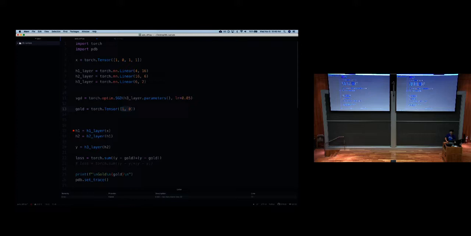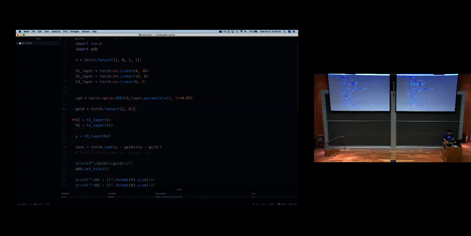I do a forward pass here. So my h1 is the h1 layer that I had, composed with this input x. So basically compute whatever w1x is, and also the sigmoid function on top of it.